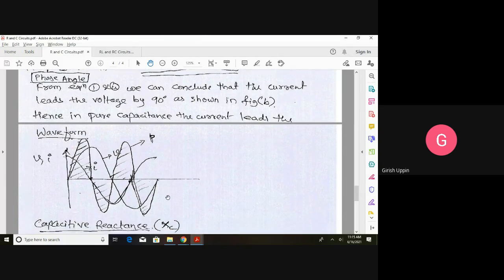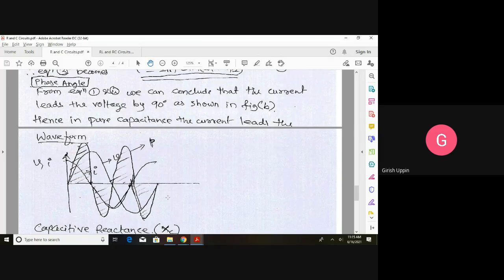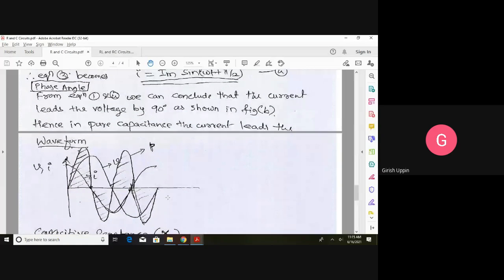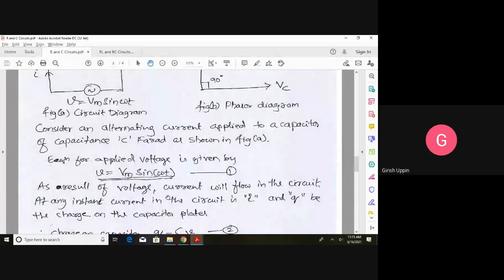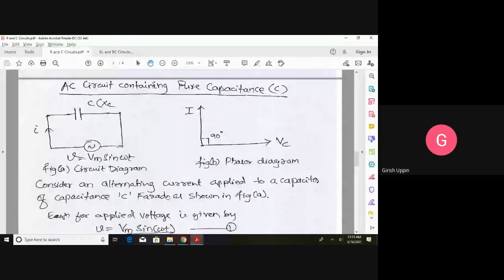And the phasor diagram for that, we have already seen. So this is the voltage across the capacitance represented as Vc. This is the RMS value, and it is on the x-axis because it starts from the zero reference. And you can see here current is leading by 90 degrees. Why have we taken it on the top?